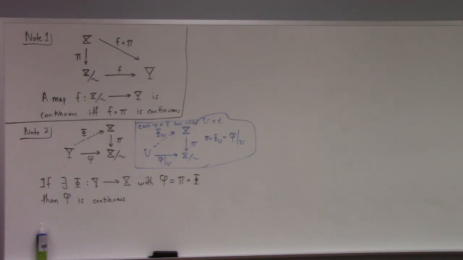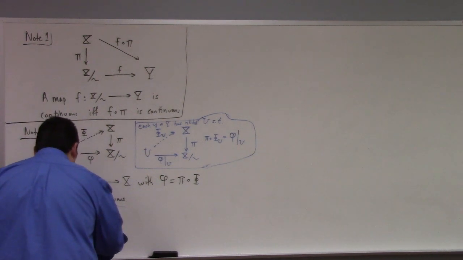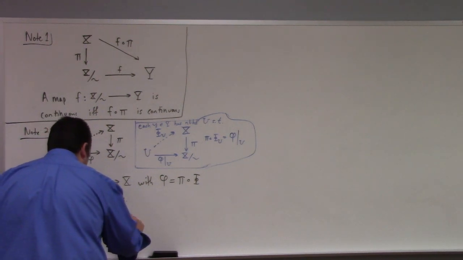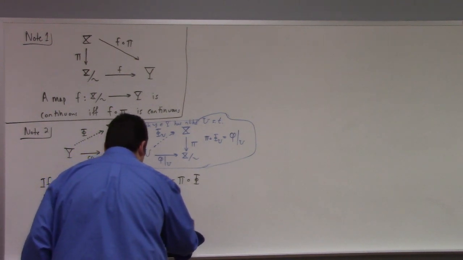What does it take for little phi to be continuous? Let's not worry about the local version. Let's just focus on this one. This is the claim. Phi is continuous. What's that amount to? We need to show what? Yeah, phi inverse of open is open, right?